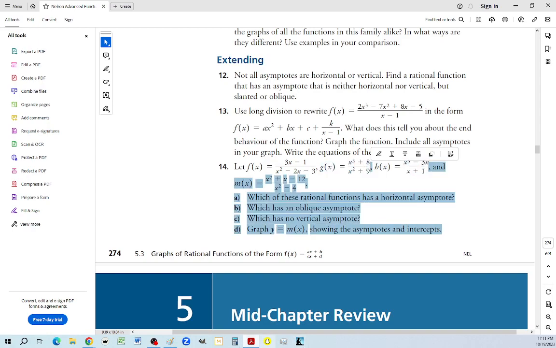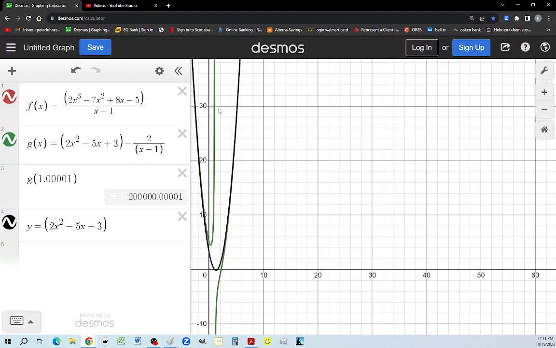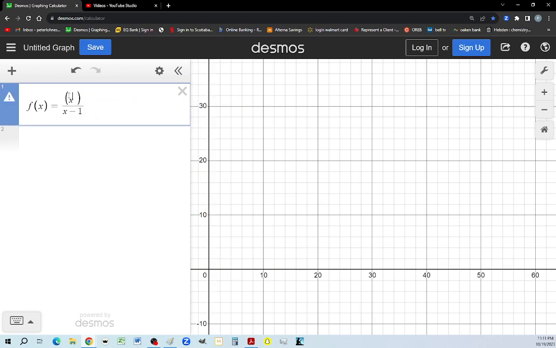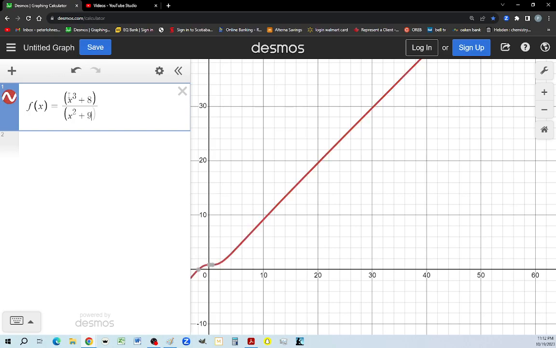What does that look like? x cubed plus 8, x squared plus 9. Looks like that.